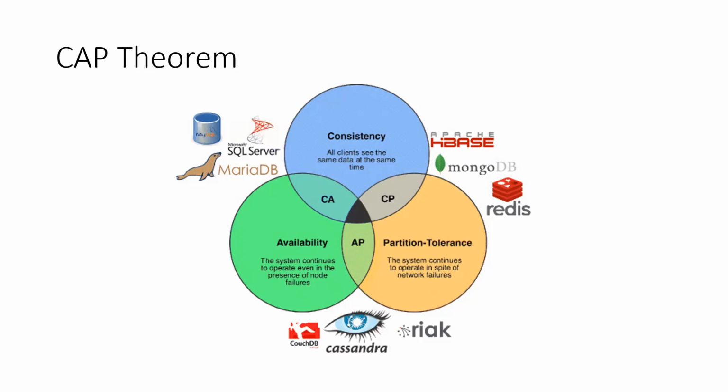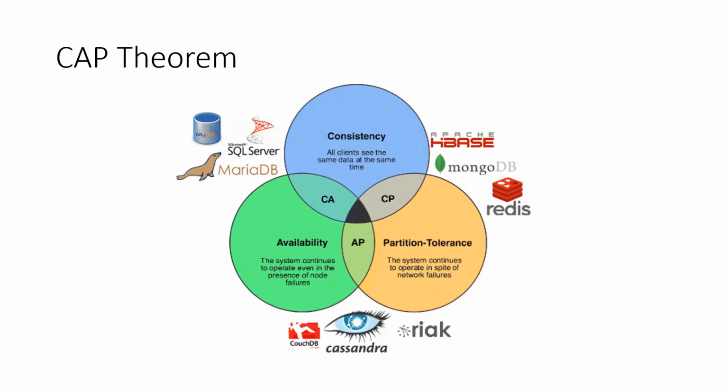So different systems may provide you different items. As I told you, the CAP theorem says that a system provides only 2 out of the 3.